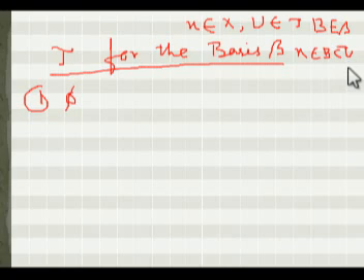With this definition we can prove that tau is a topology. So if U is null, then it is trivial that null must belong to tau.